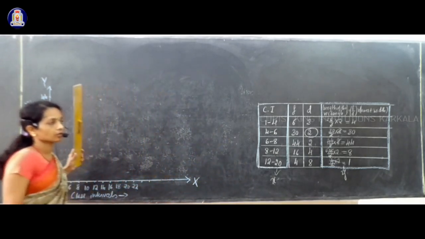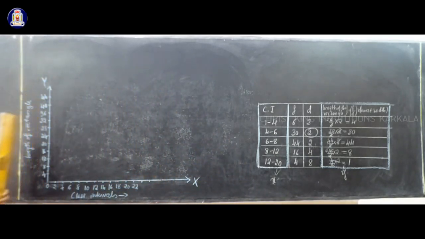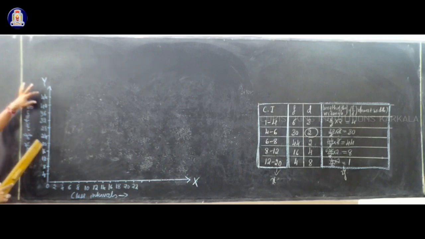We need much space if we take 1 centimeter as 1 unit, and if you take 1 centimeter as 2 units, you still need a longer graph sheet. For that reason, I took 1 centimeter as 4 units on the y-axis. Multiples of 4 you have to take: 4, 8, 12, 16, 20, like that up to 44.